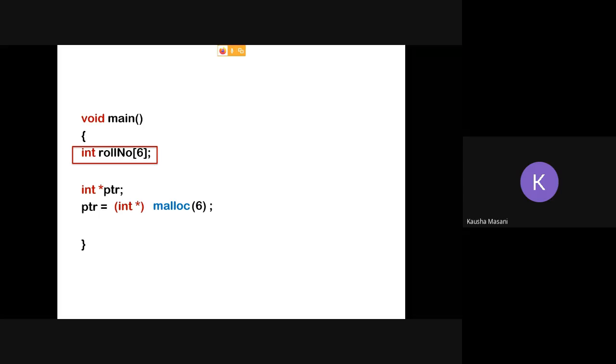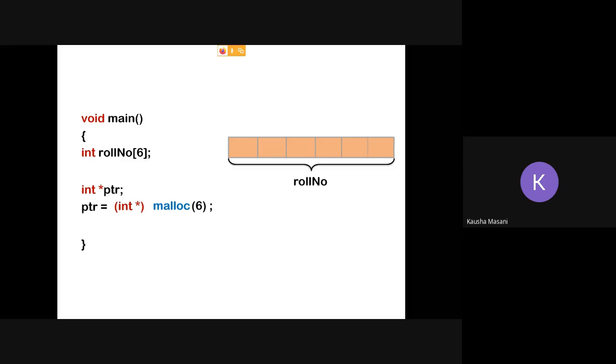when this line is executed, then in the memory a total of 6 blocks of 2 bytes each are allocated. So you can say that 6 twos are 12 bytes of memory reserved when the integer array roll number of size 6 is compiled.